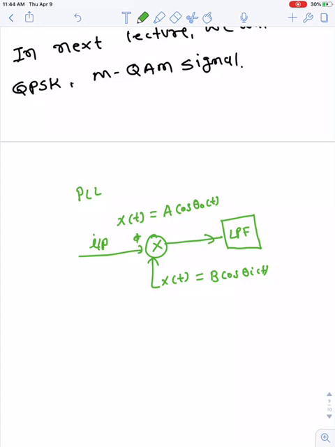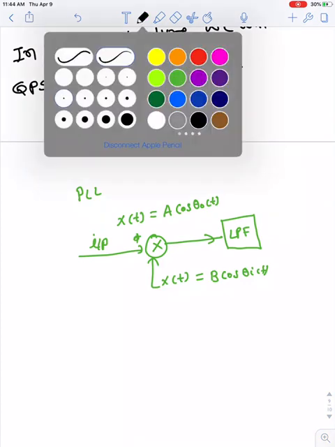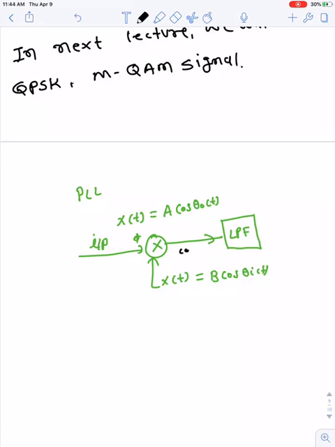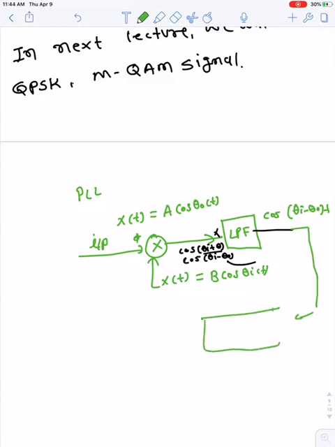So we have two signals, cos theta i plus theta 0 and cos theta i minus theta 0. The first one will be blocked because it is a high frequency signal. Only this one can pass. So in the output we get only cos of theta i minus theta 0 of t, which is given to the voltage controlled oscillator.